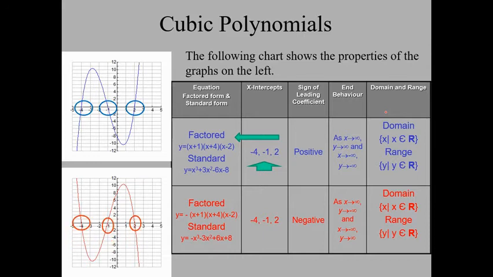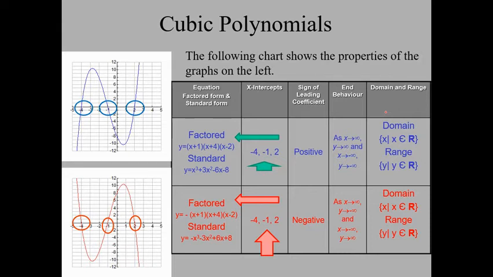Look at that. So in this case, notice that again, we have the same roots, but the way that the graph is being drawn is the opposite way. And that's because there is actually a negative in front of our x cubed.